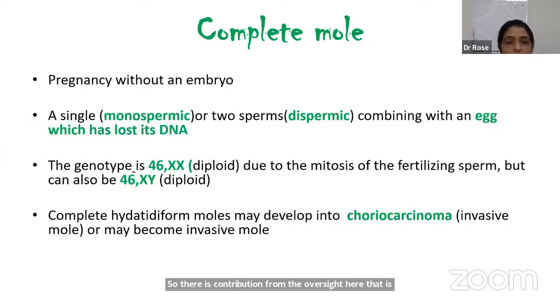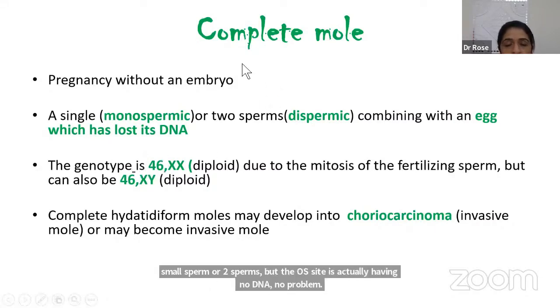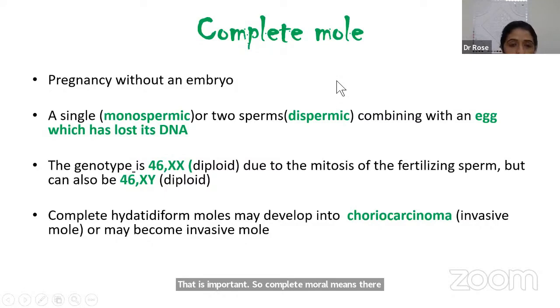Complete mole means pregnancy without an embryo. So here it can happen with a single sperm, when you call it monospermic, or two sperms, but the oocyte has no DNA, no chromosome. That is important. So complete mole means there should not be any chromosomal contribution from the oocyte. So here the genotype will be, if it is one sperm, it will undergo mitosis to form two, and the diploid number will be maintained.